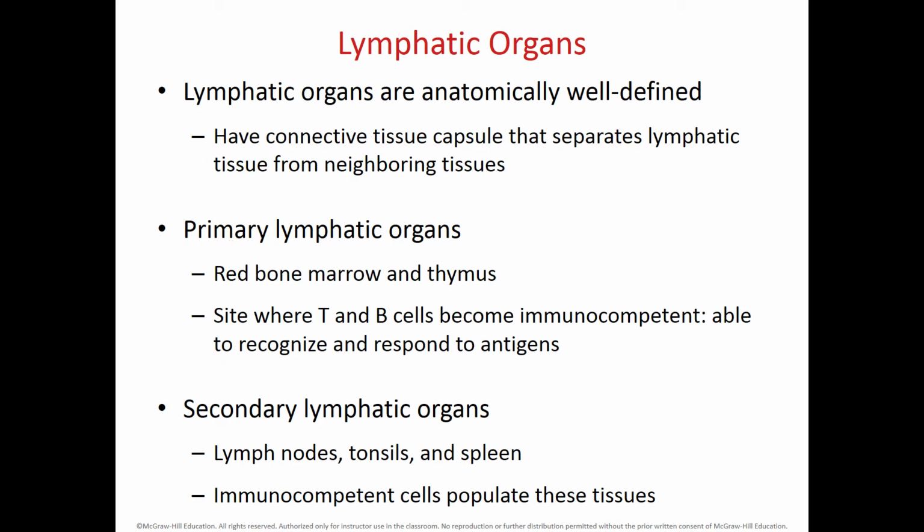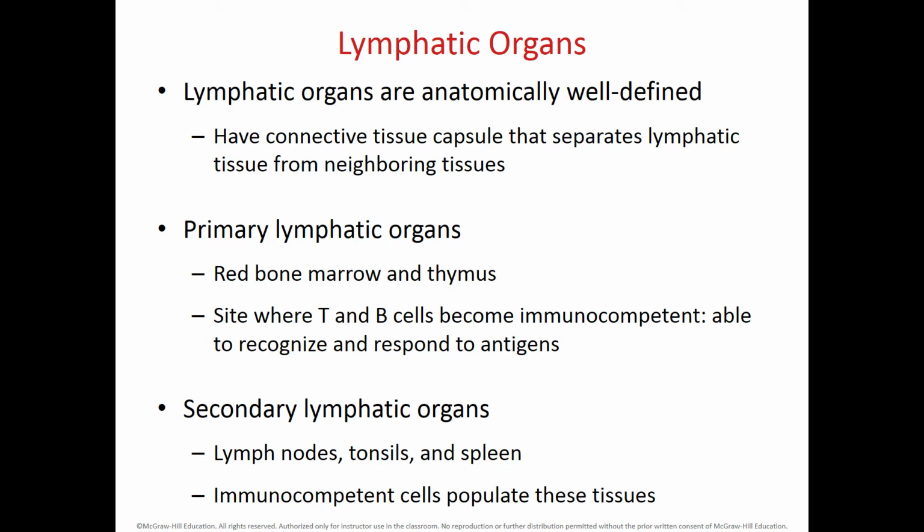Primary lymphatic organs are the place where the cells of the lymphatic system are produced or trained, like the red bone marrow and the thymus. And the secondary lymphatic organs are the organs where these lymphatic cells, the lymphocytes, can live on, or the antigen presenting cells.